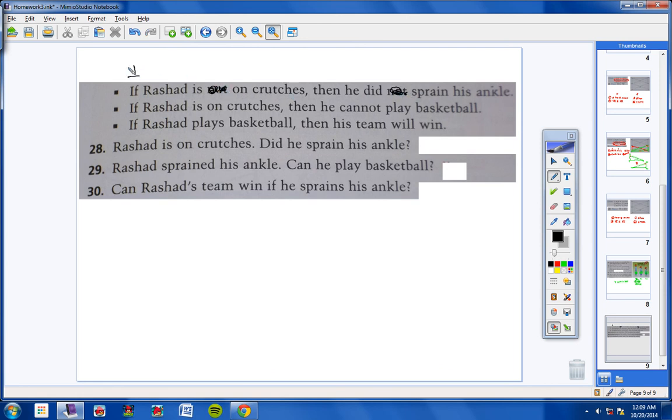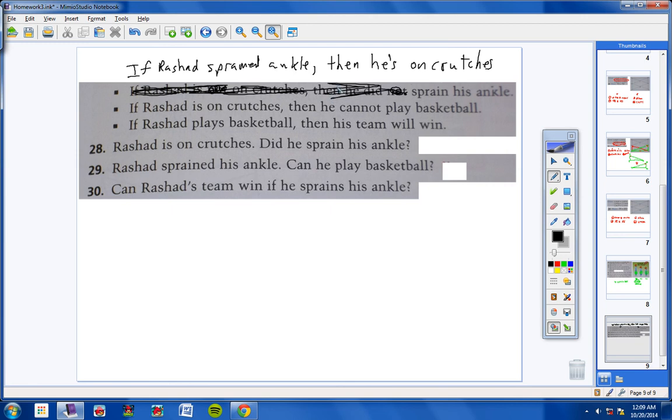And then we write, if Rashad sprained his ankle, then he's on crutches. Okay, so that takes care of this phrase right here. It's gone. Okay.